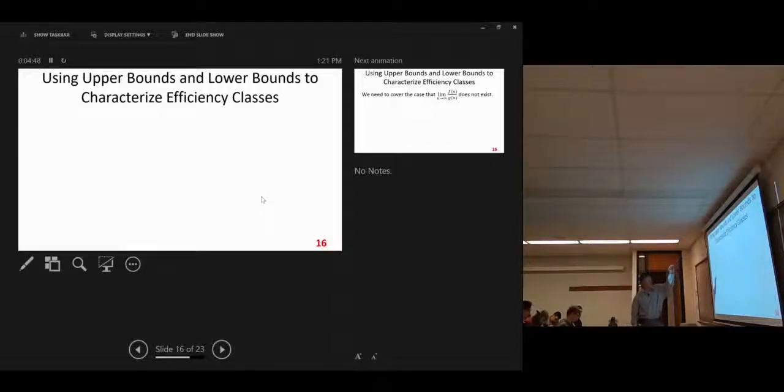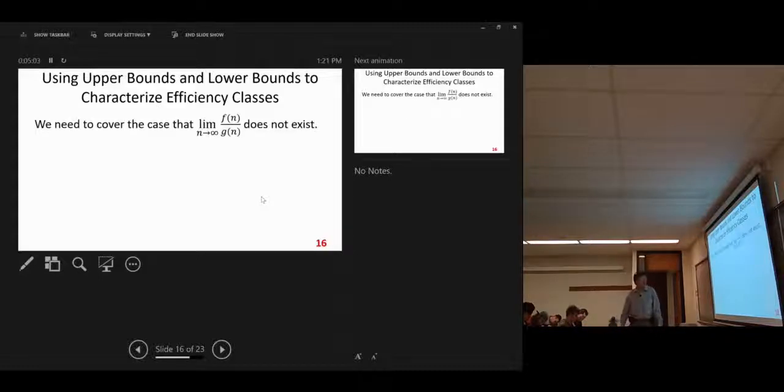Using upper bounds and lower bounds to tell us more information this time. Even if the limit does not exist, we can still find upper bounds or lower bounds. So now, let's focus on the case where this limit does not exist.